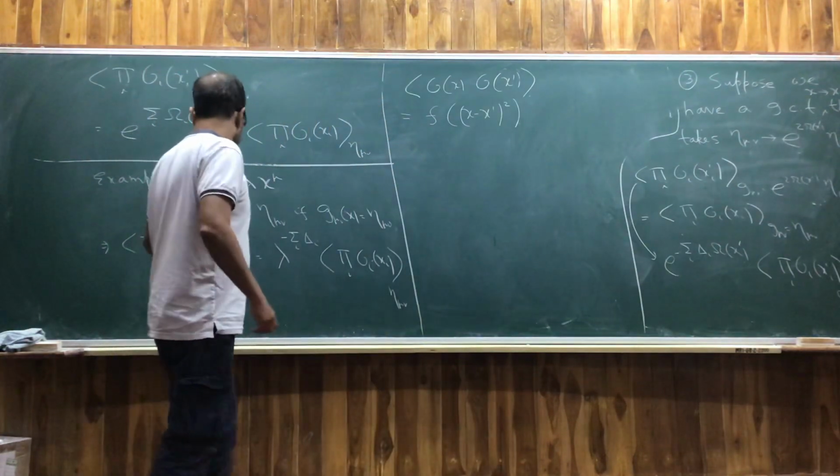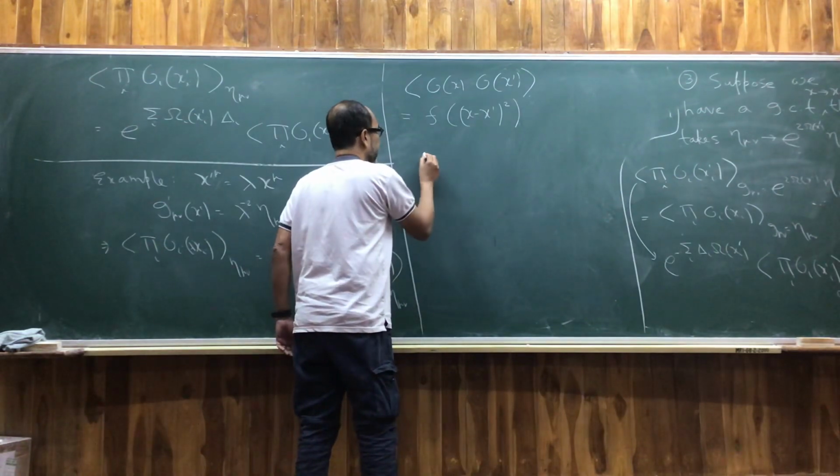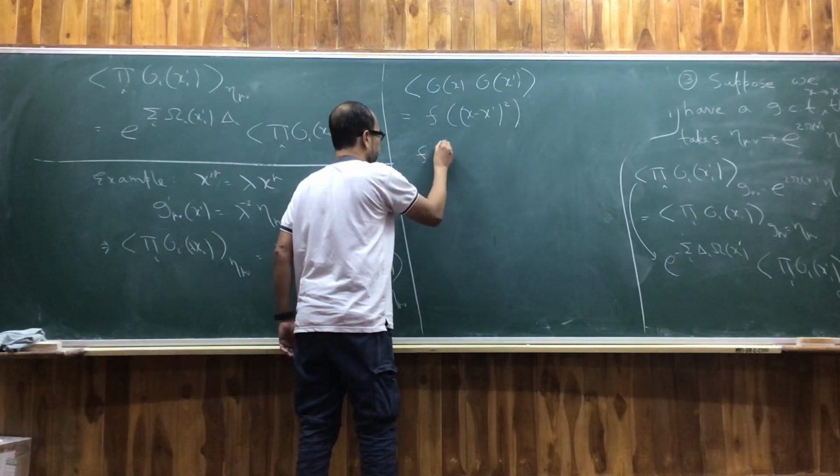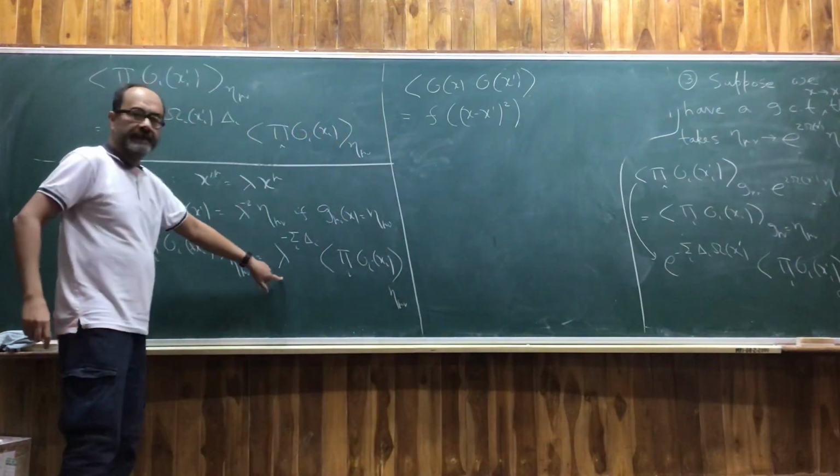And then you apply this. So O of lambda x. Let's see what this tells us.